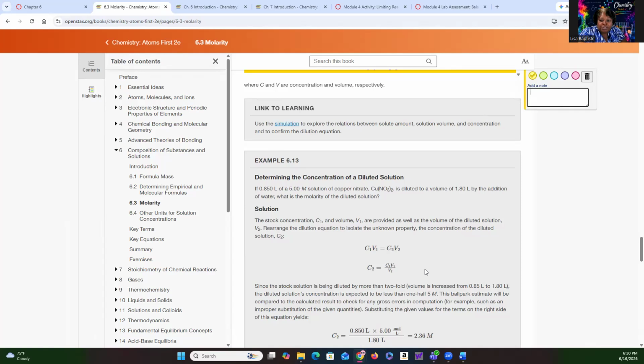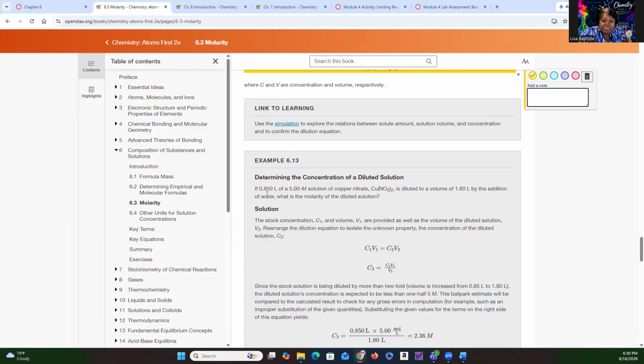And so if you look at this, when we are trying to solve, you may need to rearrange the equation to solve for what you need. And so we have 0.850 liters of a 5.00 molar solution of copper nitrate. And it's actually copper 2 nitrate, but anyway, it is diluted to a volume of 1.80 liters. We want to know what is that new molarity.